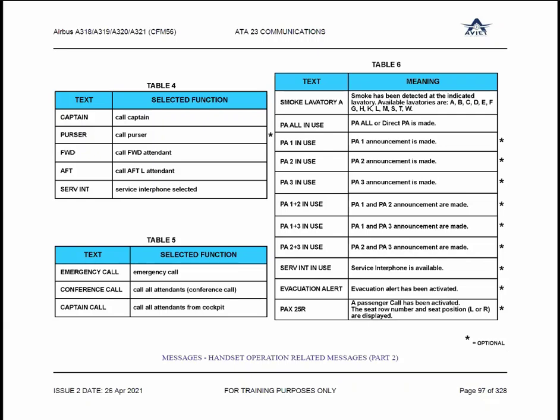PA volume increases by 6 dB when the engine is running. When the engine is running, the sound level will increase by 6 dB automatically so that you will have a better sound.